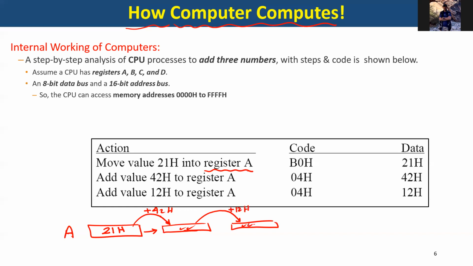So again, this value will change for the second time. Okay, so a series of instructions. I am instructing my computer, hey computer, put 21 hexadecimal in register A, add to this value 42 hexadecimal, then add again 12 hexadecimal. So 3 instructions.